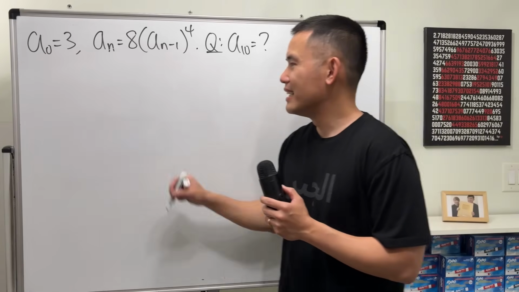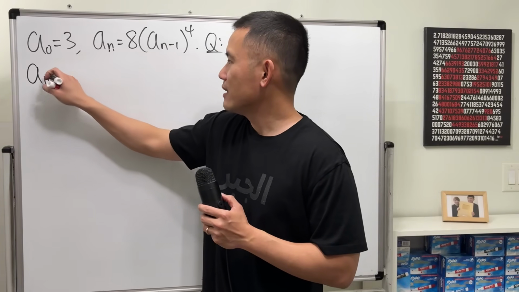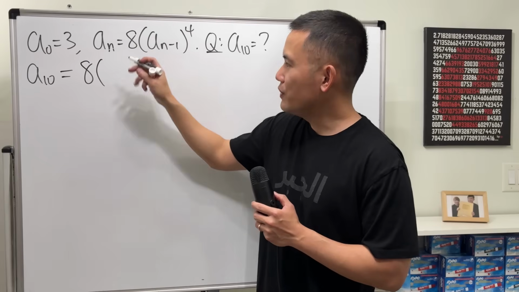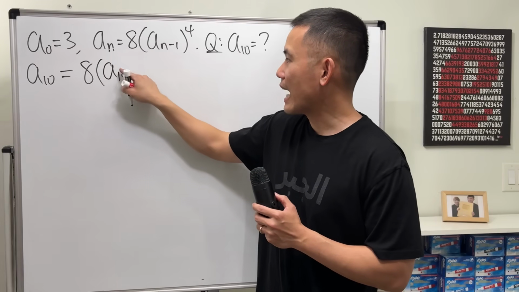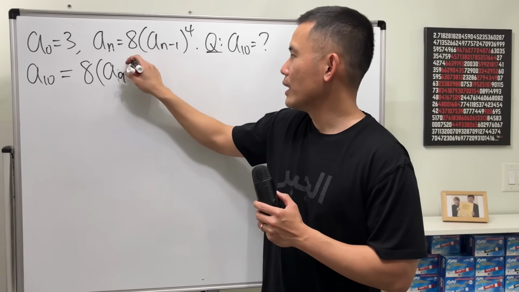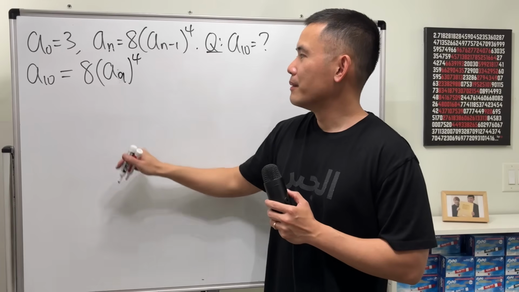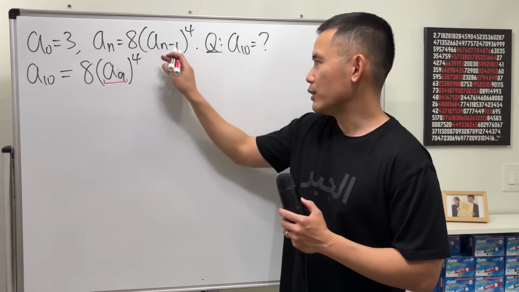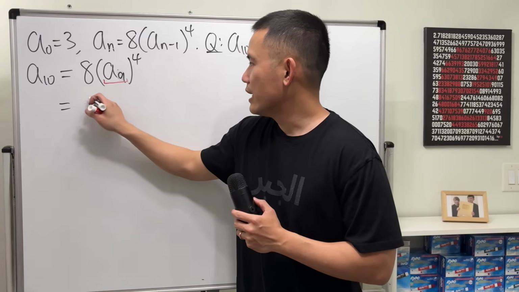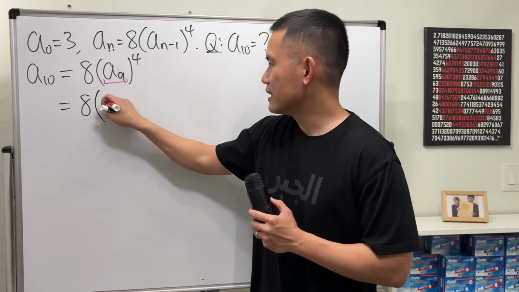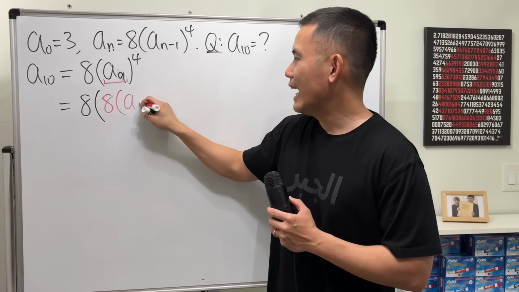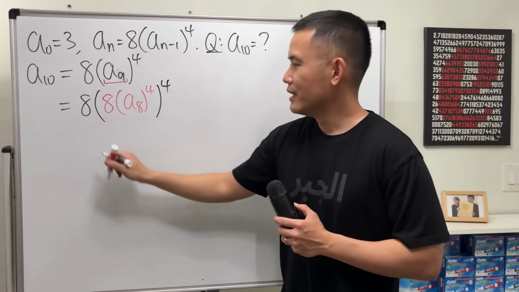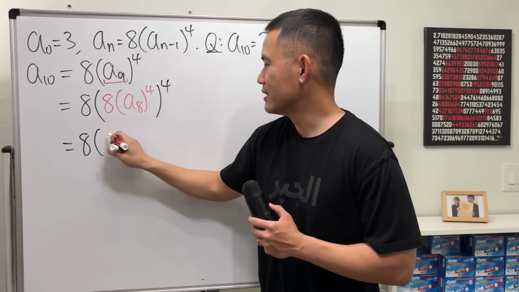Check this out. I'm going to look at a10. Using this right here, we get 8 times the previous term, which is a9, and then we have to raise that to the fourth power. But in order to figure out a9, we have to know the previous term, so we get 8 times a8 to the fourth power, and then to the fourth power. Okay, so what's happening is this.